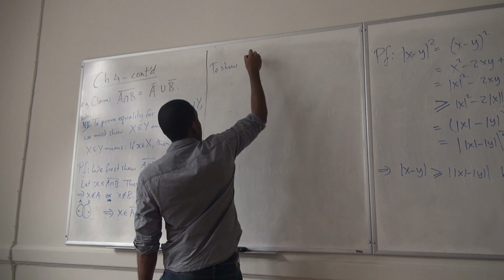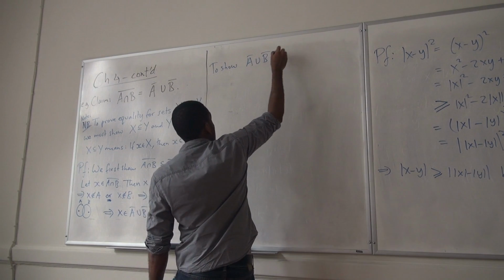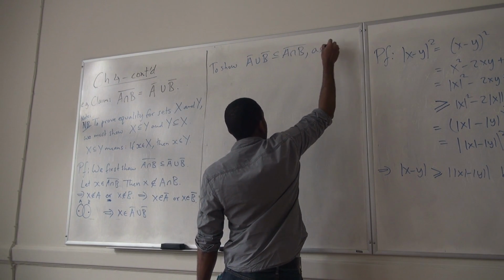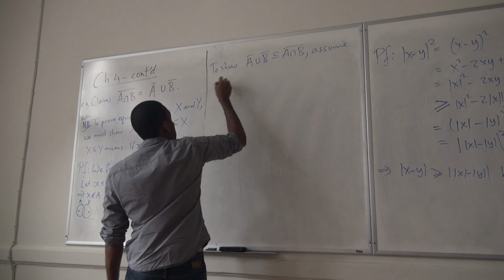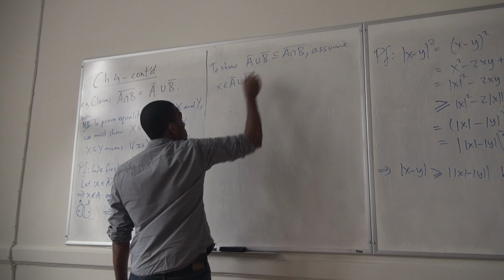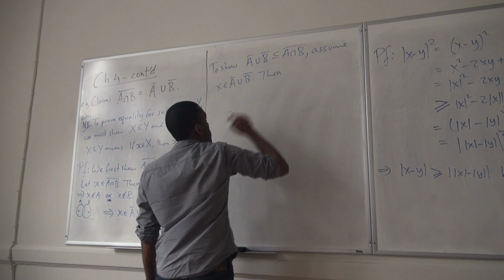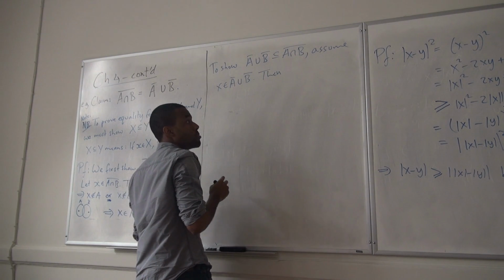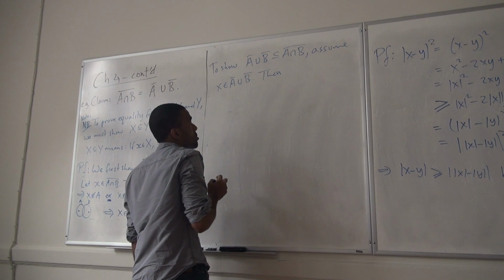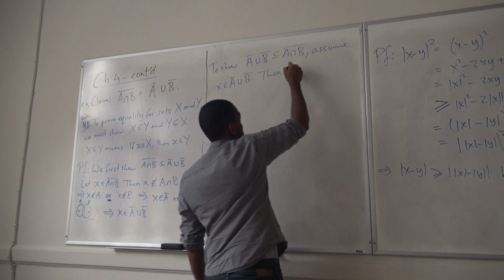Now let's go the other way. To show that this is a subset of that, assume X is in this guy. Then pretty much just work backwards. Right.